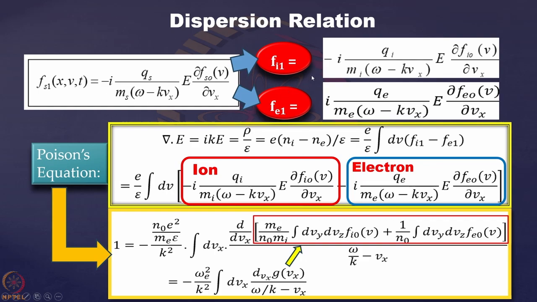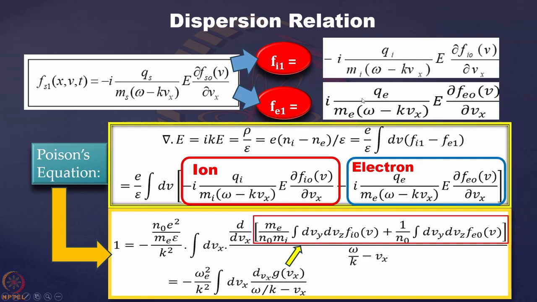And for ions, we get a minus q_i by this thing, and for electrons, we get a negative sign out, because q_e itself is negative. We will put q_i equal to e, because we have already taken care of the charge sign over here.